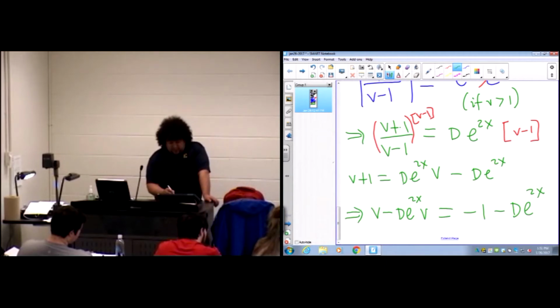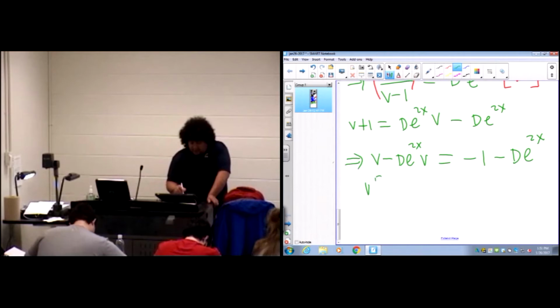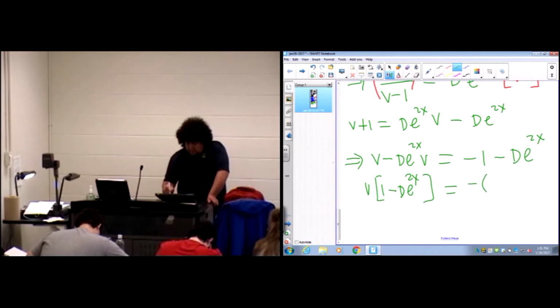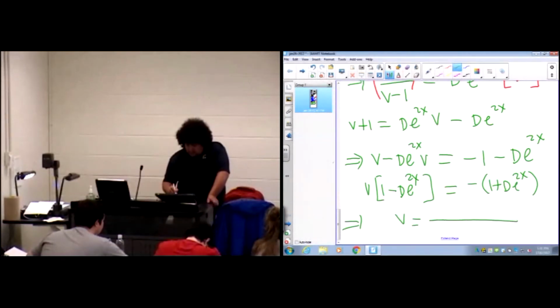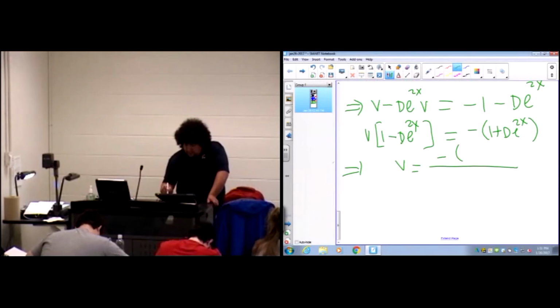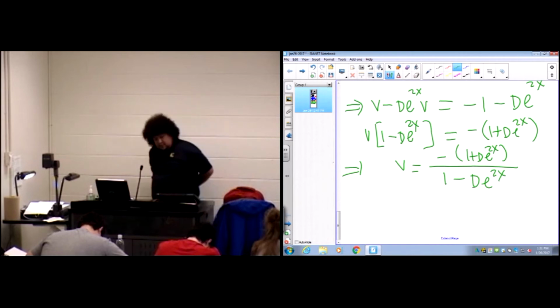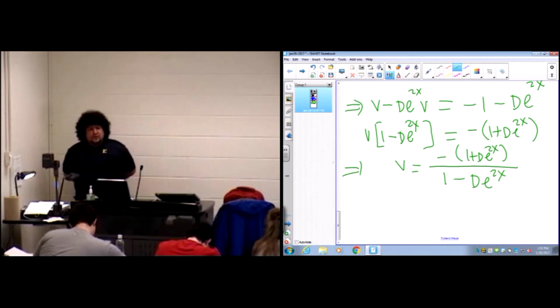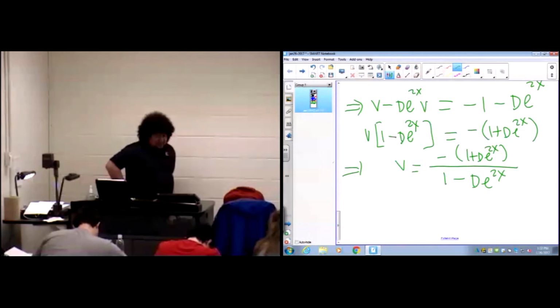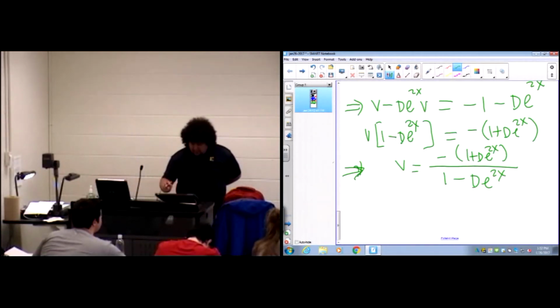So this looks like v multiplying 1 minus d e to the 2x, which implies that v is the expression minus divided by 1 minus d e to the 2x. This looks almost good. It is almost where we need it to be, but not quite, right?